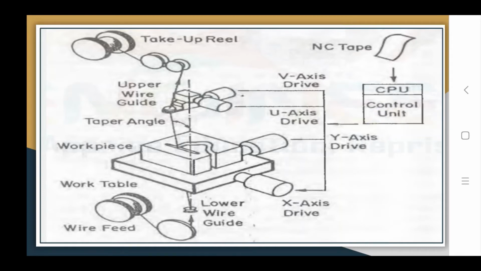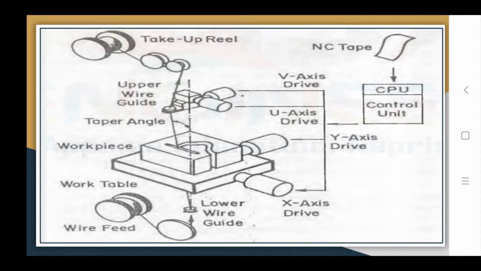The second is the positioning system, then the dielectric system to give the dielectric fluid, and the important one, the wire drive system. These are the 4 important components or systems of the wire EDM machining process. Okay, so one by one we'll go.